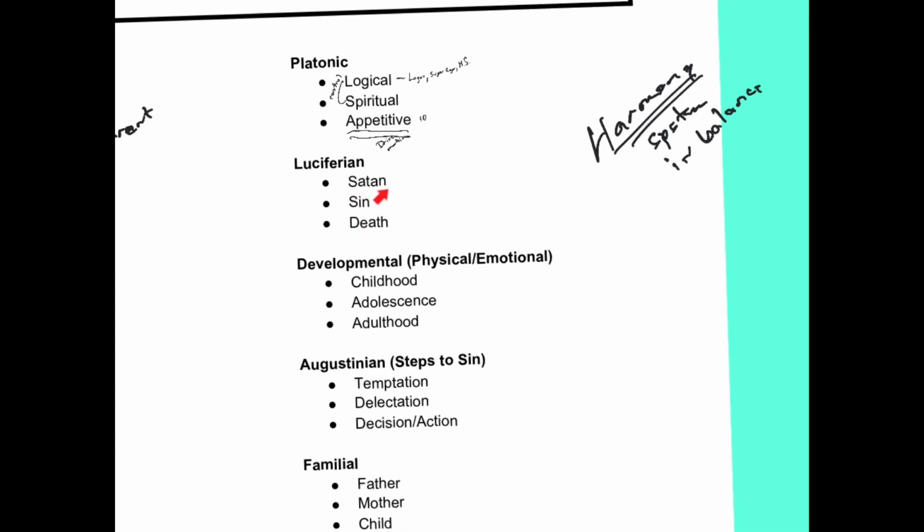And these three operate together. And you see the interrelationship. Satan may serve as a tempter. And certainly sin becomes the action that's taken and death becomes the consequence. Temptation, choice, consequence.